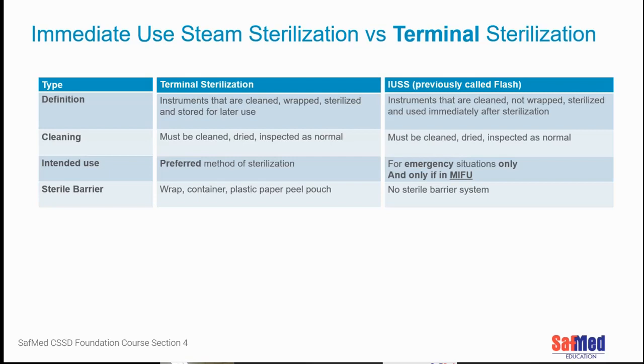An immediate use steam sterilization should only be performed under emergency conditions and only if it is clearly instructed in that device's instructions for use that it can go through an immediate use steam sterilization cycle. So items, of course, are not put in a sterile barrier, they are not wrapped, they are used immediately after sterilization.